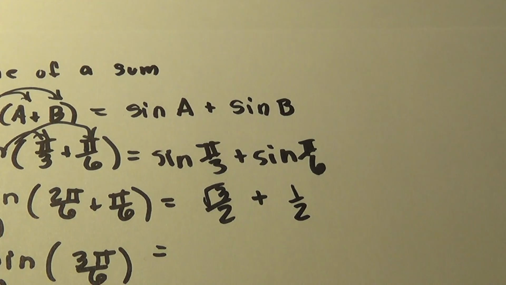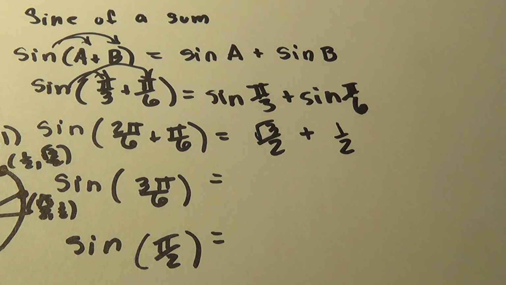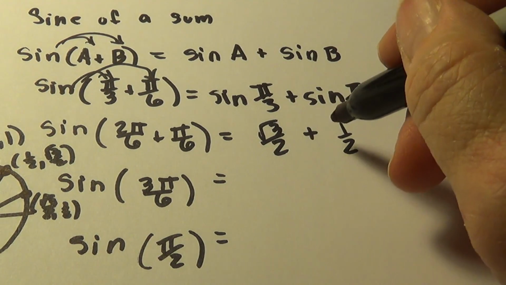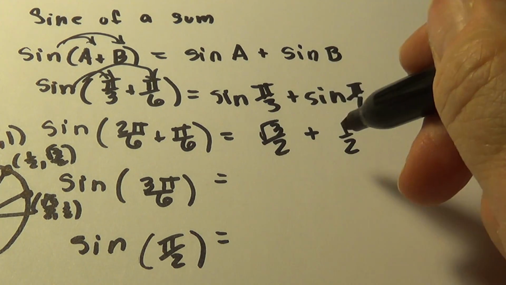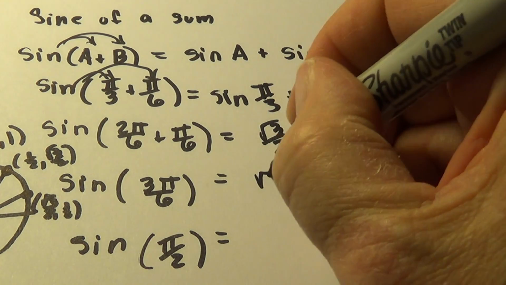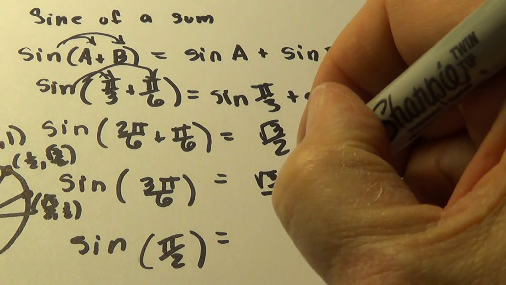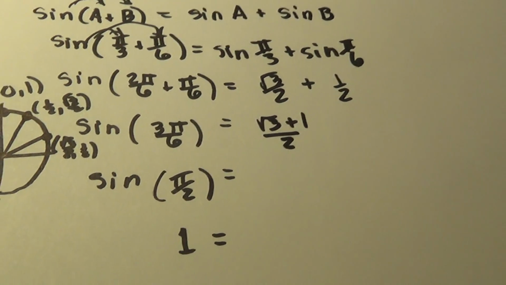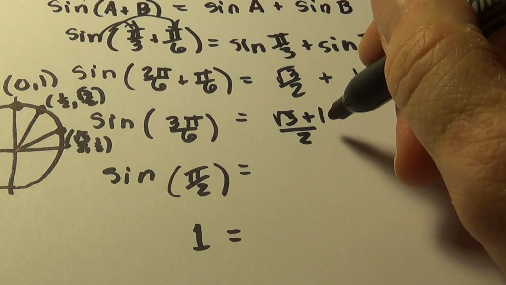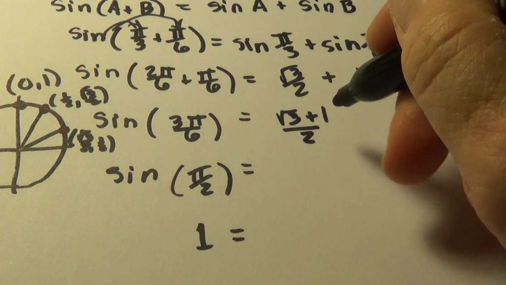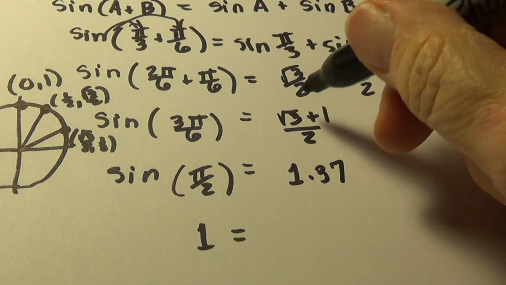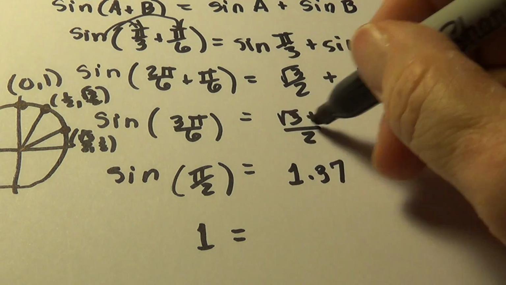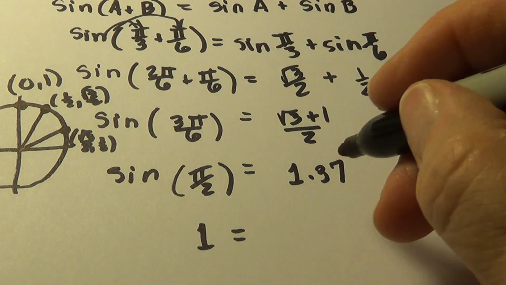I'm not sure whether square root of 3 over 2 plus 1 over 2 equals 1 or not. So let's keep going: square root of 3 plus 1 over the common denominator 2. How about if I just plug that into the calculator? When I do, I get 1.37 for square root of 3 plus 1, quantity divided by 2.